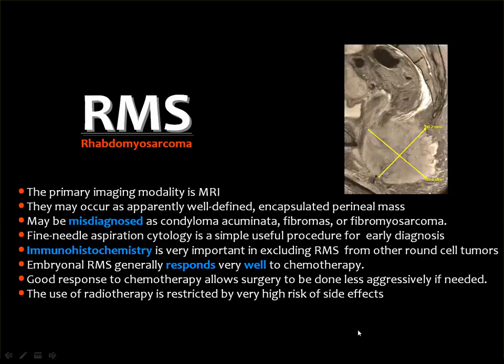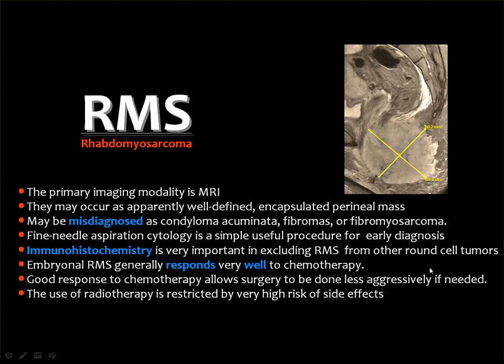Then the imaging modalities are needed here because the tumor is one of the sizable lesions that infiltrate the surrounding areas. It usually appears as a well-defined perianal mass and may be misdiagnosed as condyloma acuminata, but actually the condyloma has a surface which is very characteristic.